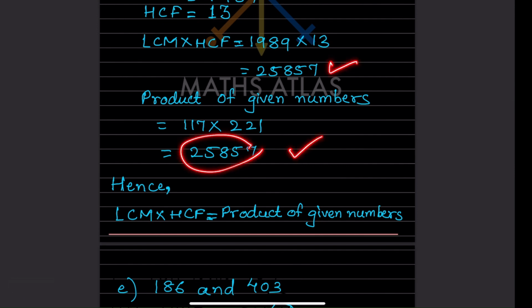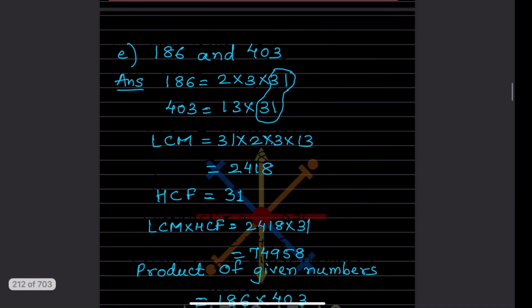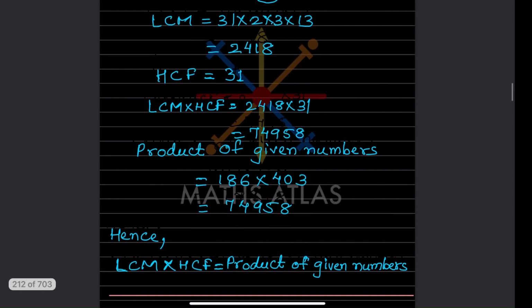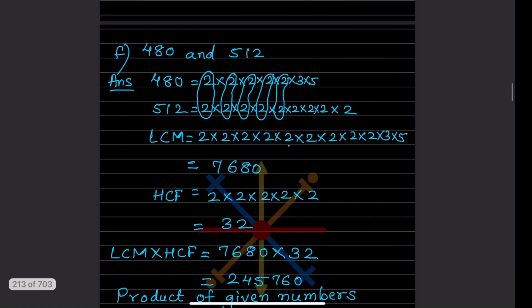So both are same, which means you write here LCM into HCF is the product of given numbers. Again, this also you can do with the help of prime factorization, and you can have a look at what the factors are. We have done a lot of problems on the LCM and HCF. Same thing over here.